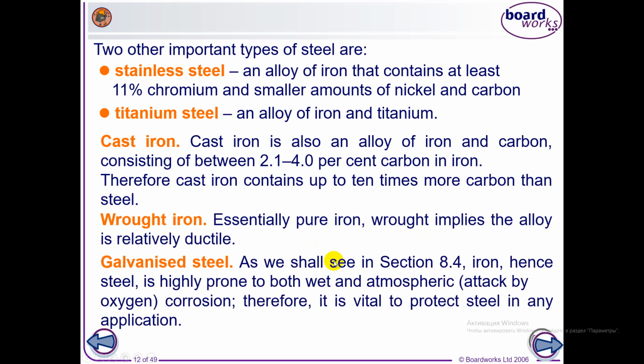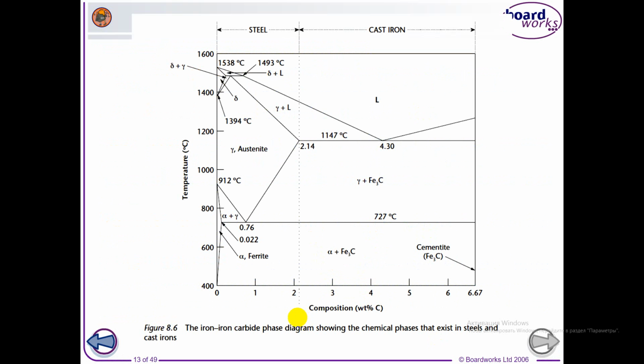Now we can see that as the carbon content increases, especially from 2 to 4.4%, the melting temperature reduces. Refer to the liquid phase at the top of the figure. Thus, they are easily melted and more amenable to casting.